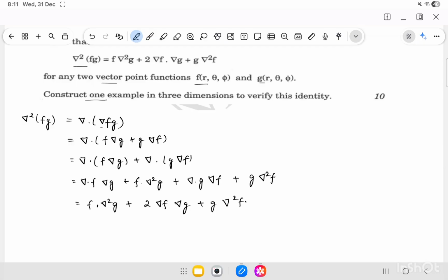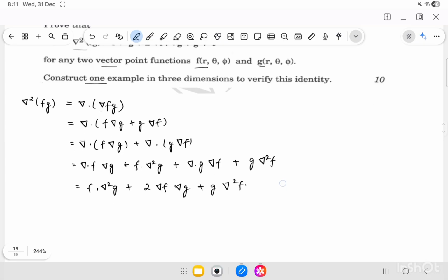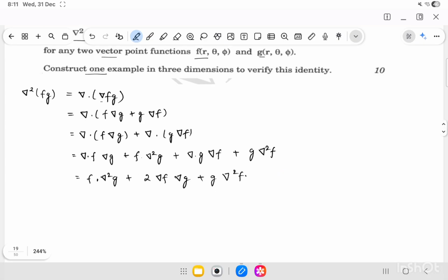Now the question further asks us to verify this relation for any two vector points. So for time being, let us assume that f of r theta phi is, let's say, equal to r, and g of r theta phi is, let's say, equal to theta.